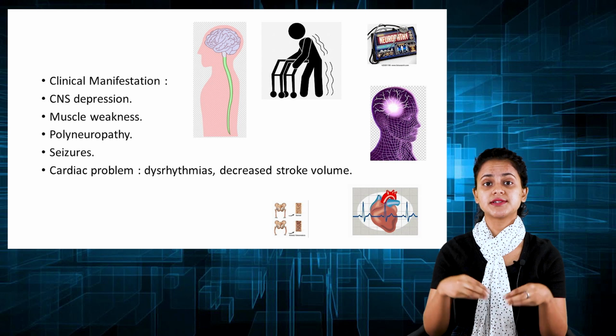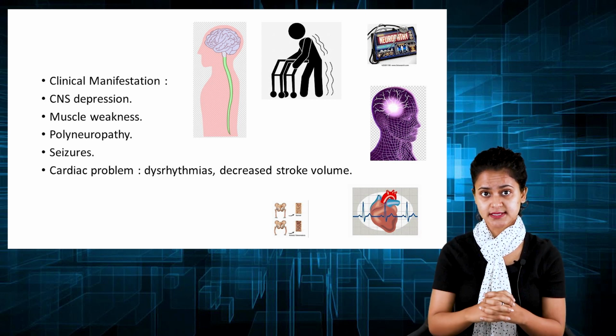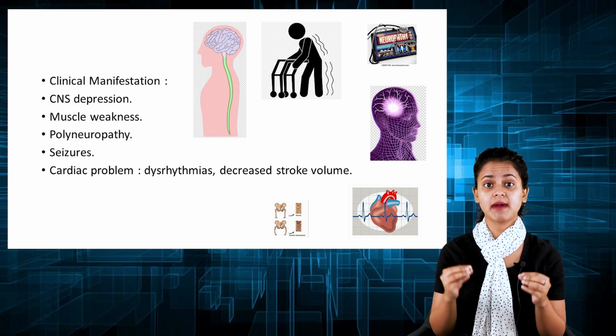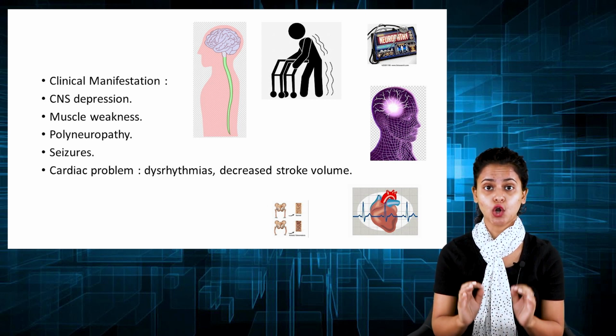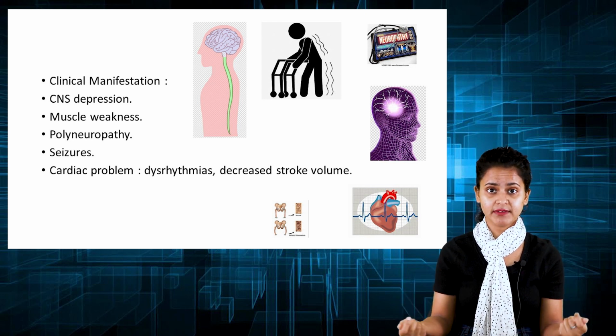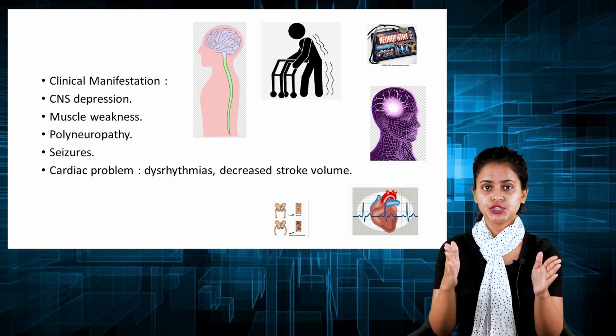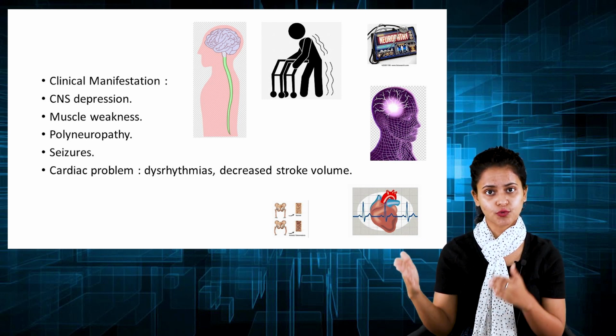Cardiac problems like dysrhythmias and decreased stroke volume from the heart will be manifested in case of hypophosphatemia. So definitely a client will have a high risk for decreased tissue perfusion due to the lack of stroke volume.